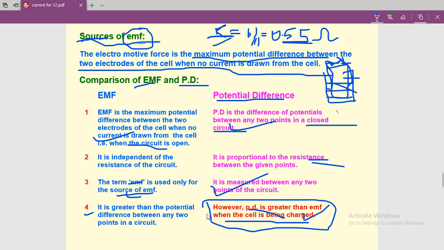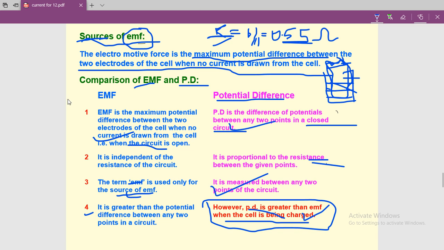This question is very important. I hope you know this question. The question is: in which case can the potential difference of a cell be greater than the EMF of that cell? So your answer will be: when the cell is being charged, the potential difference of the cell is greater than the EMF of that cell. I hope you understand these differences.